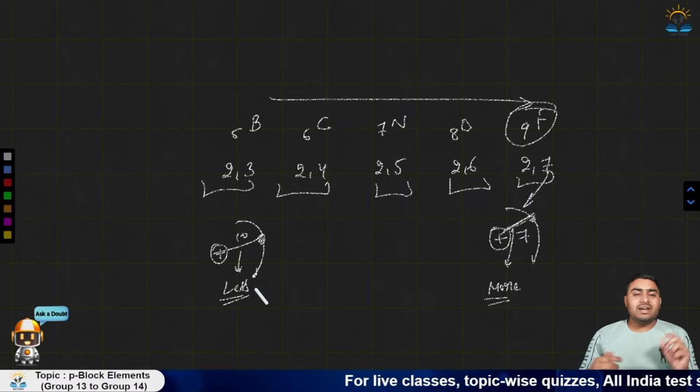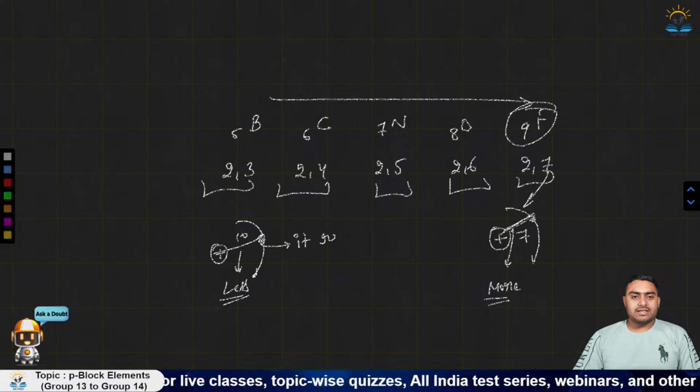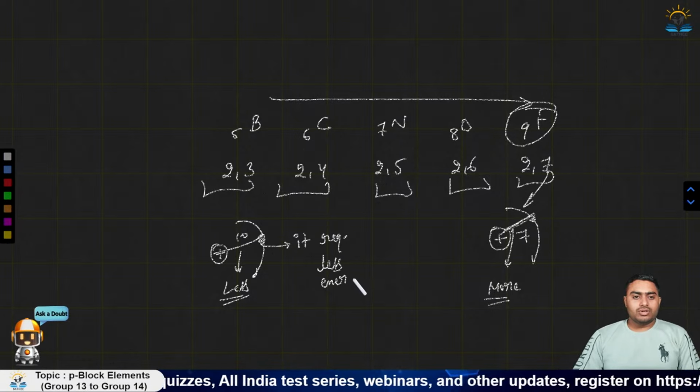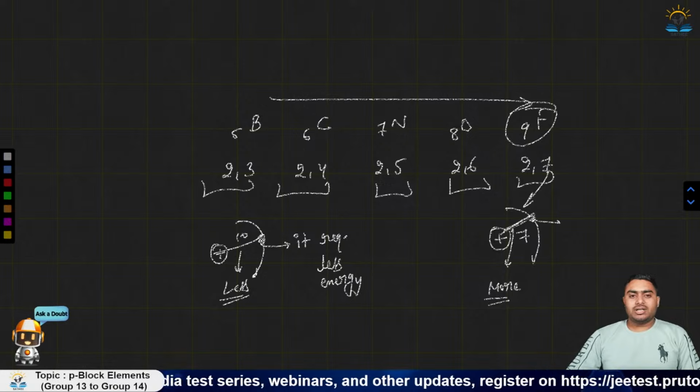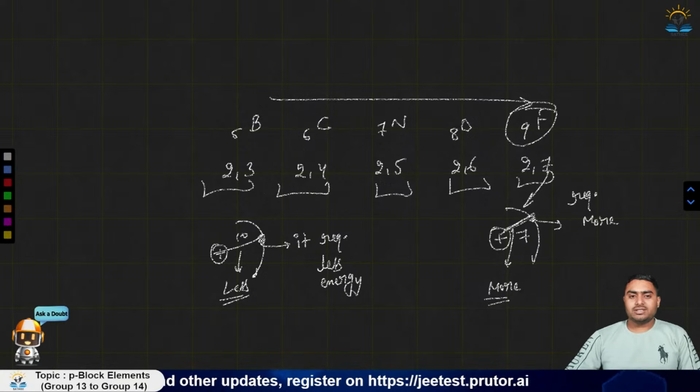That means we have to provide less energy, it requires less energy to get removed, but for fluorine it requires more energy, right?